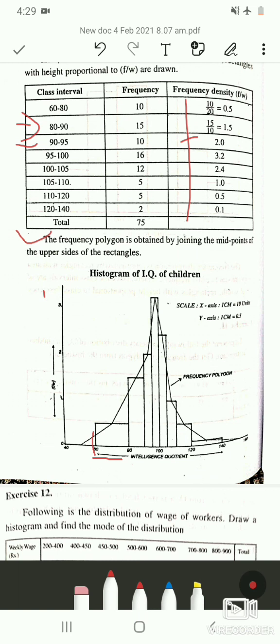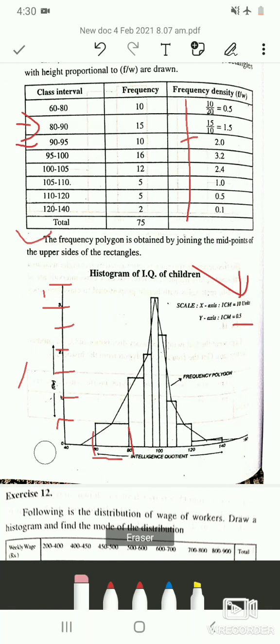Here 2 centimeters is equal to 20 units, or 1 centimeter is equal to 10 units, and the y-axis shows frequency density, where 1 centimeter is equal to 0.5. So this is 0.5, this is 1, 1.5, 2, 2.5, 3, 3.5, and so on.